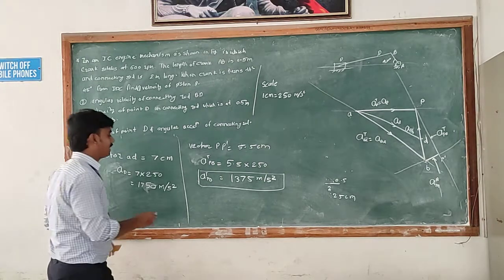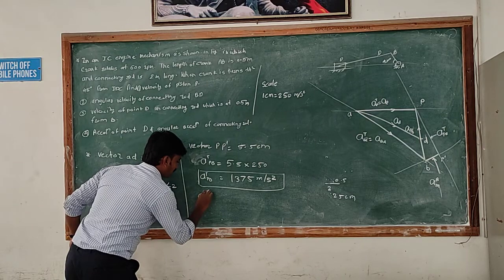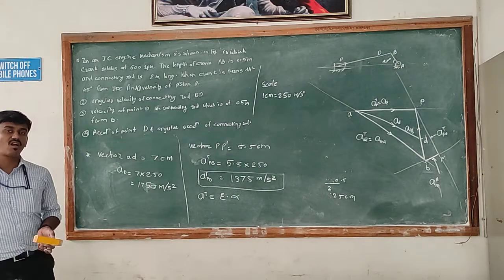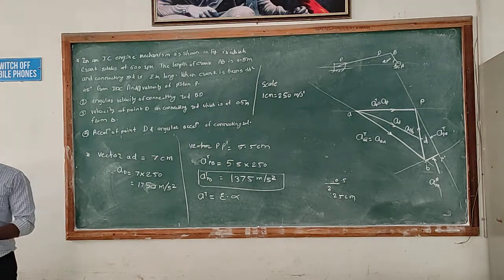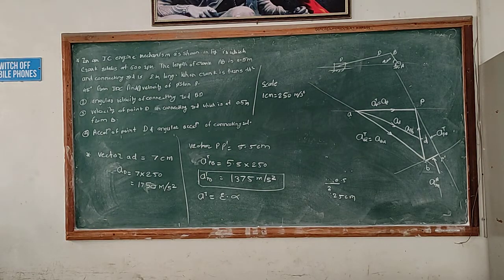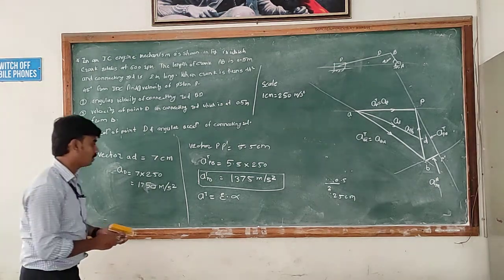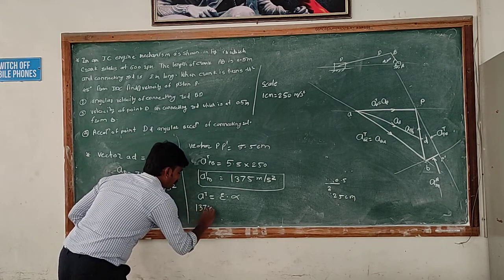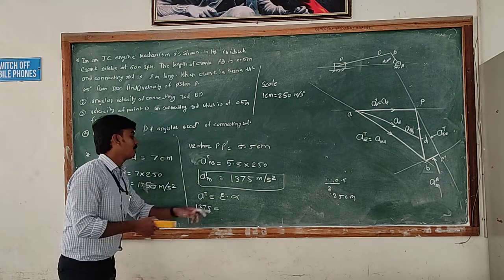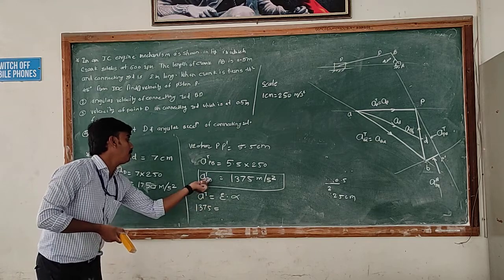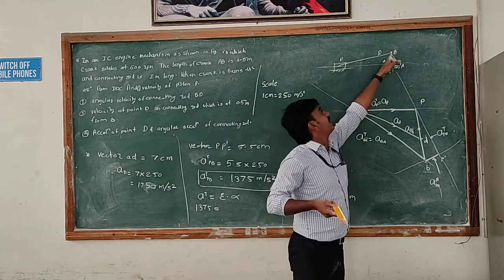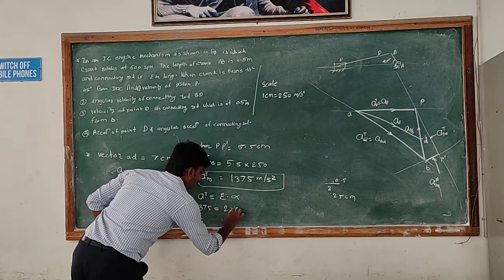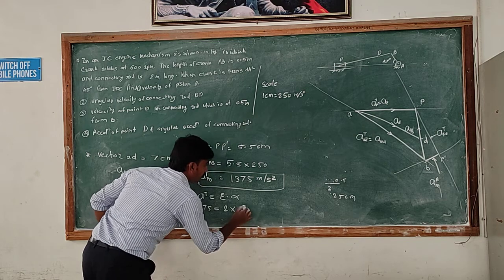And we have the formula that tangential acceleration is equal to r into alpha. So the tangential acceleration of the link PB is equal to 1375, and r is the length of BP, meaning the length of the connecting rod. The length of the connecting rod is 2 meter, and this is the alpha of PB.